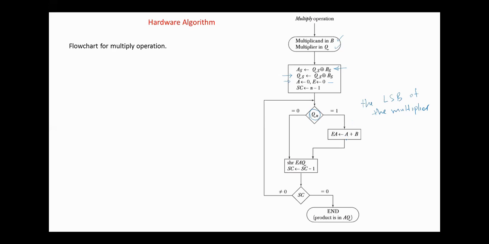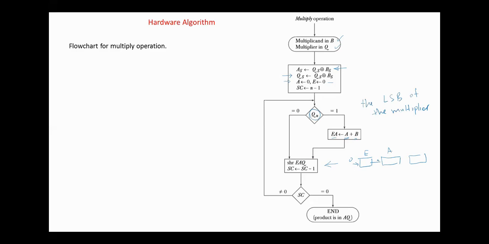If it is 1, we add the multiplicand to A, and the result is stored in the E flip-flop and the A register. If Qn is 0, we do not add, and in both cases we shift right the contents of the E flip-flop, A register, and the Q register.